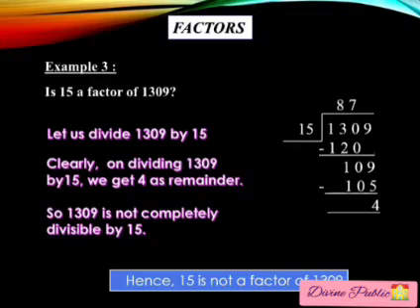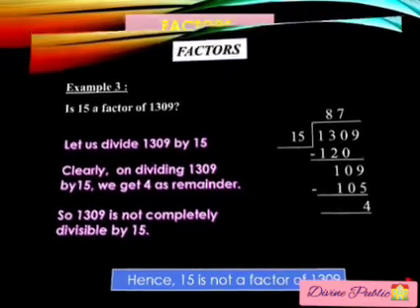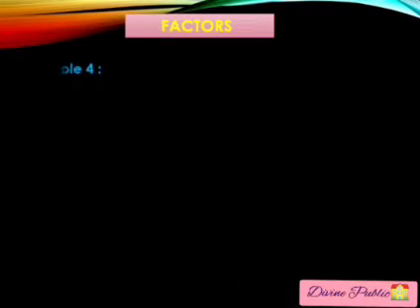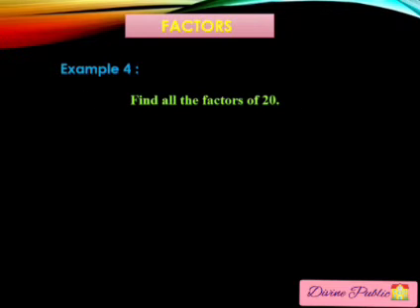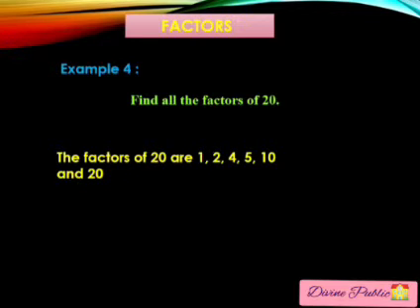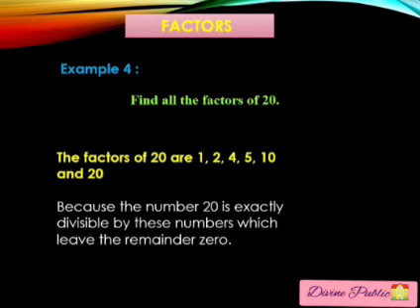Means 15 is not a factor of 1309. Example 4. Find all the factors of 20. The factors of 20 are 1, 2, 4, 5, 10 and 20, because the number 20 is exactly divisible by these numbers, which leave the remainder 0.